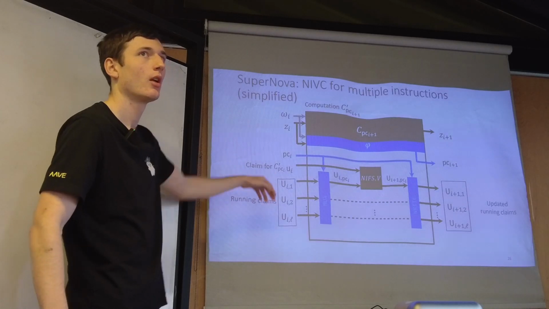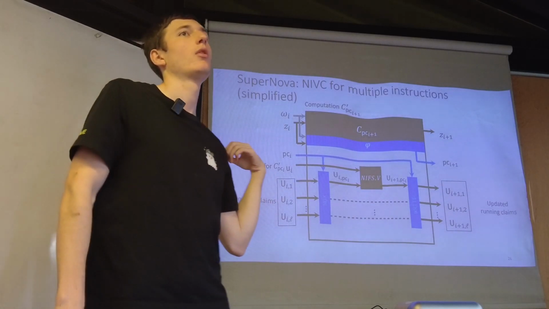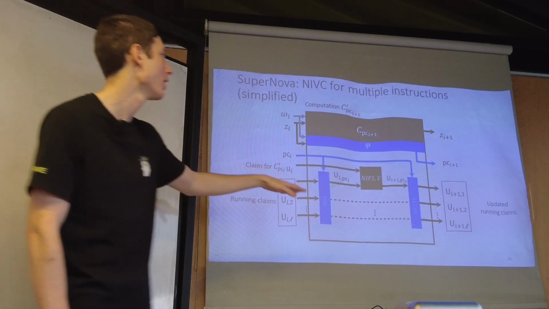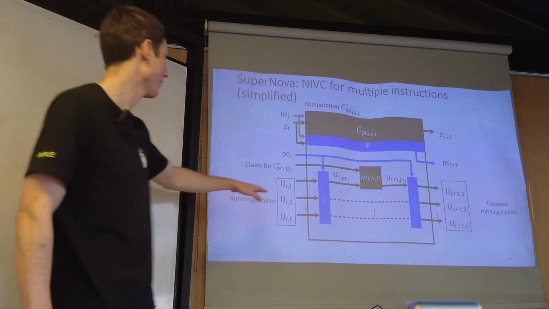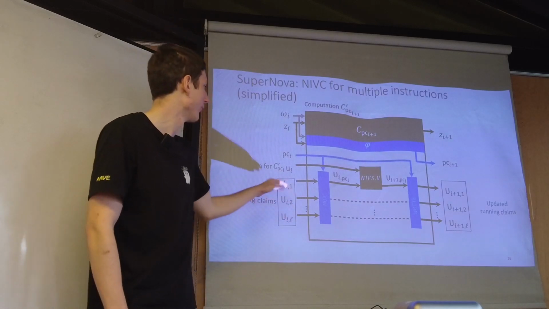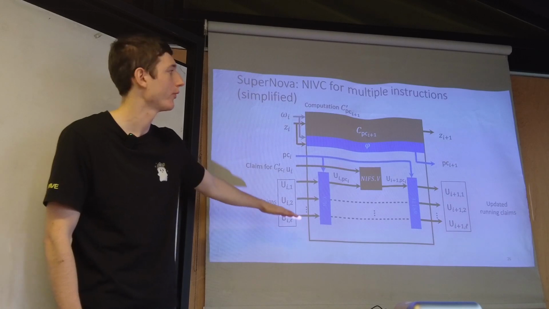The PC name comes from the CPU structure, like the PC register. Yeah, that's program counter. It's also called J. In this image, we only have PC, but let's say PC. And we have all of the running claims. So for instance, here we would have like 141 opcodes.